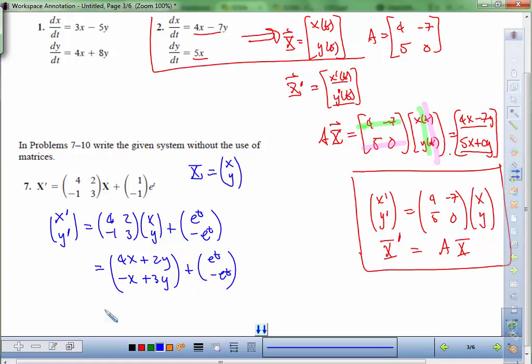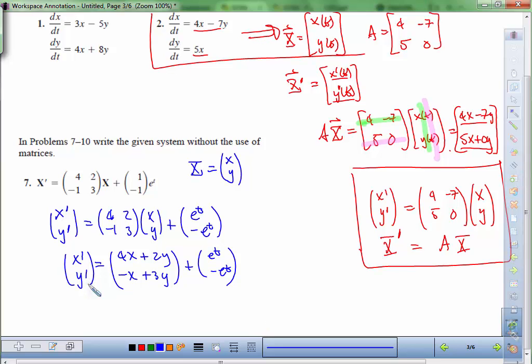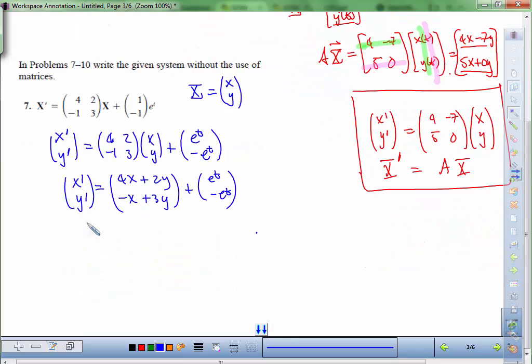And then we can continue on and just combine the different components. And then finally rewrite this as dx dt, or just x prime. dx dt is equal to 4x plus 2y plus e to the t, and then dy dt is equal to minus x plus 3y minus e to the t.